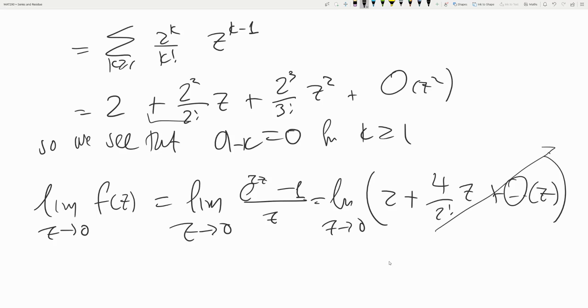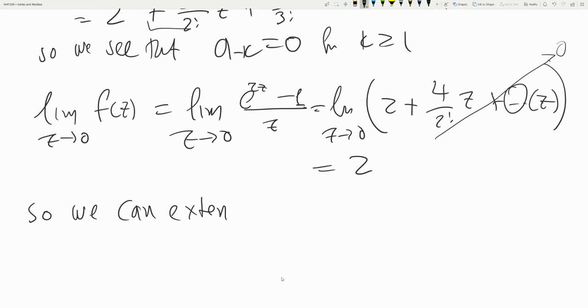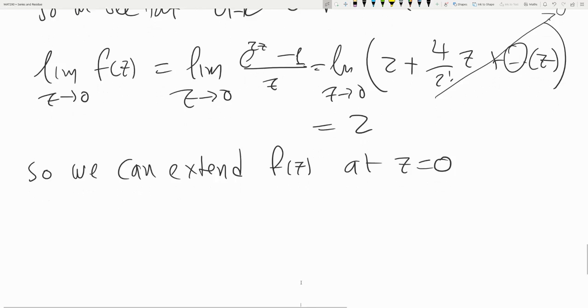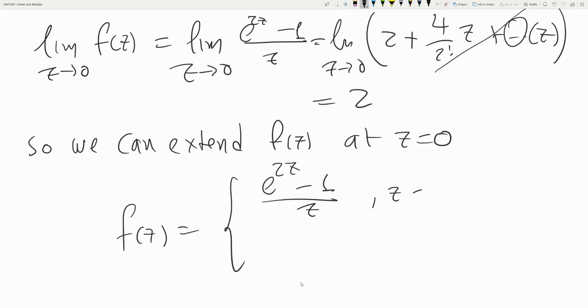They're all gone, and all you're left with is 2. So we can define a new function, we can extend f at 0. Meaning f of z is equal to e to the 2z minus 1 over z when z is not 0, and when z is 0, we define it to be 2. So that's what it means to be a removable singularity.